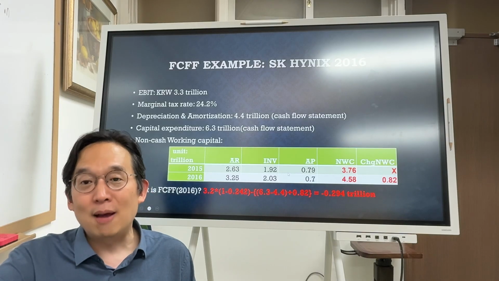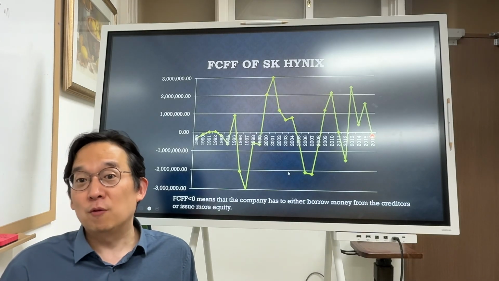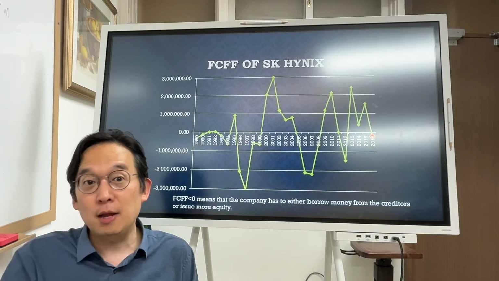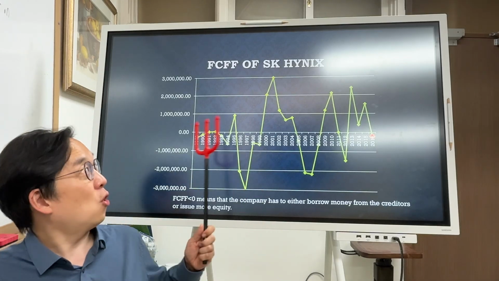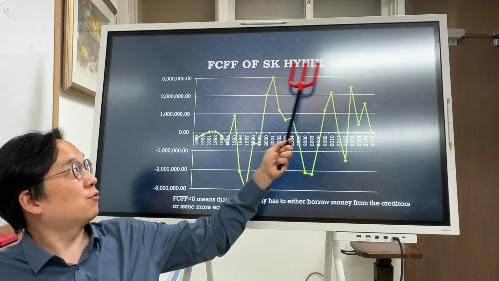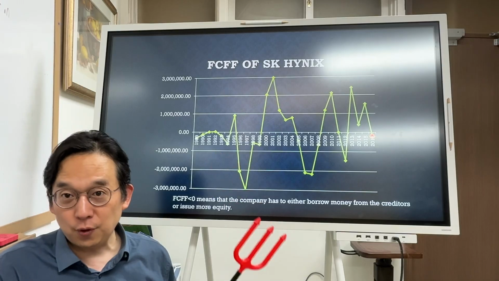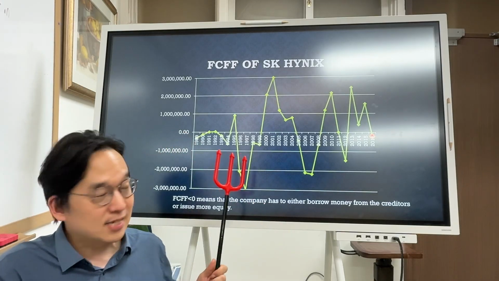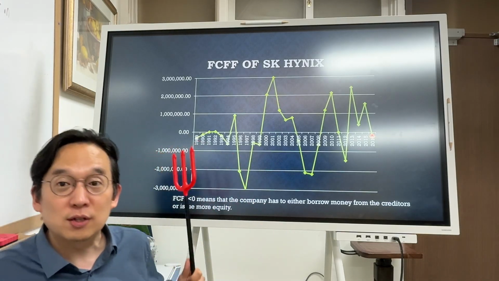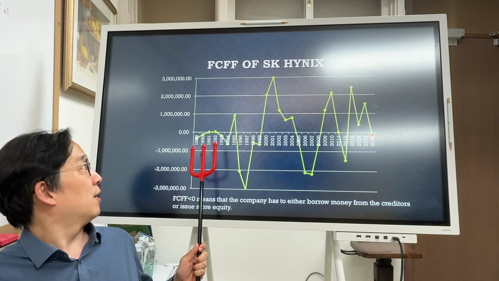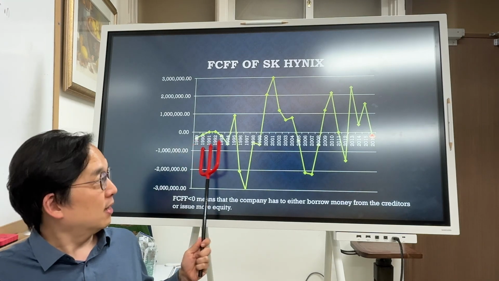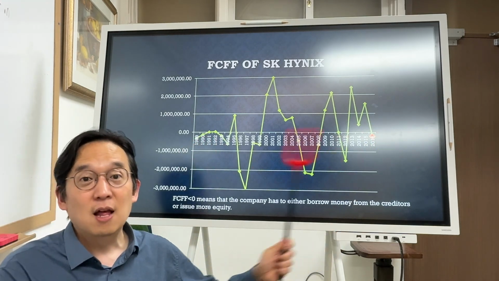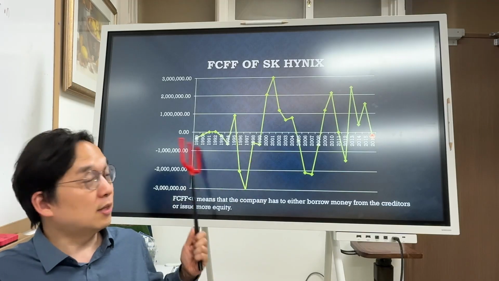You got a negative free cash flow to firm, okay? If you draw a time series graph of free cash flow to firm for SK Hynix, using the data starting from 1989 up until 2016, the time series graph looks like this.